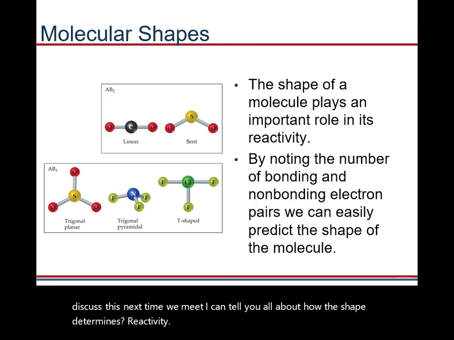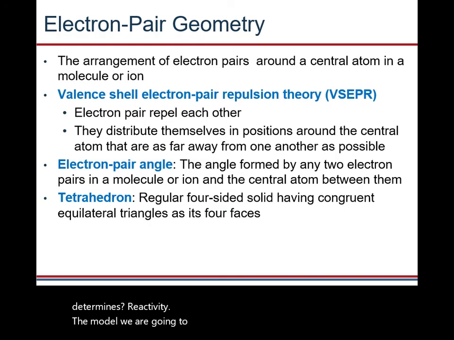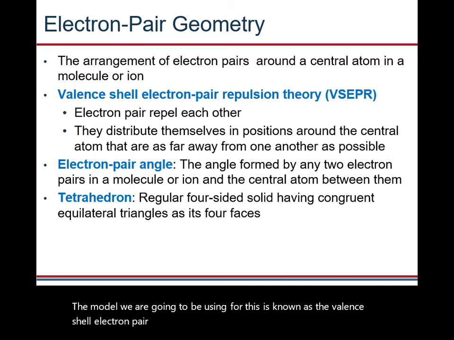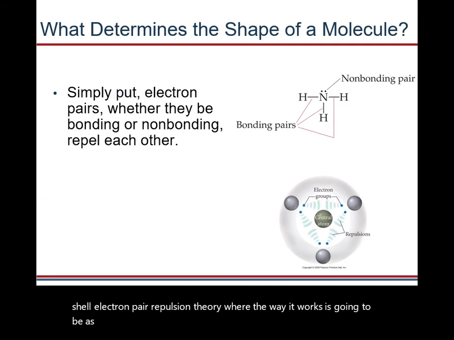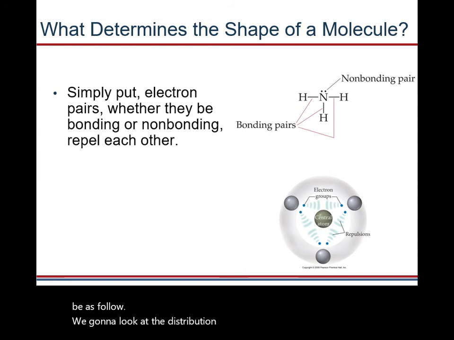The model we are going to be using for this is known as the valence shell electron pair repulsion theory, where the way it works is as follows. We're going to look at the distribution of how many electron pairs are around the central atom.